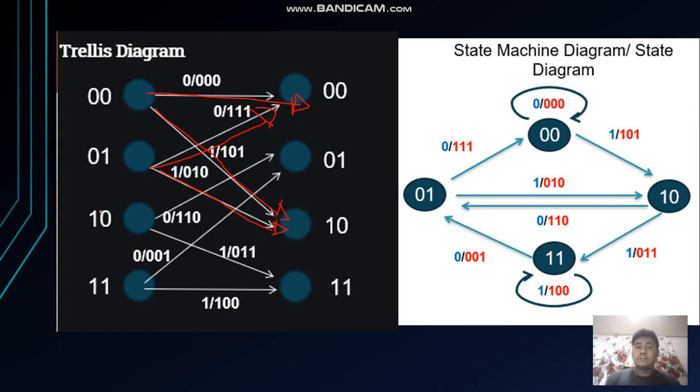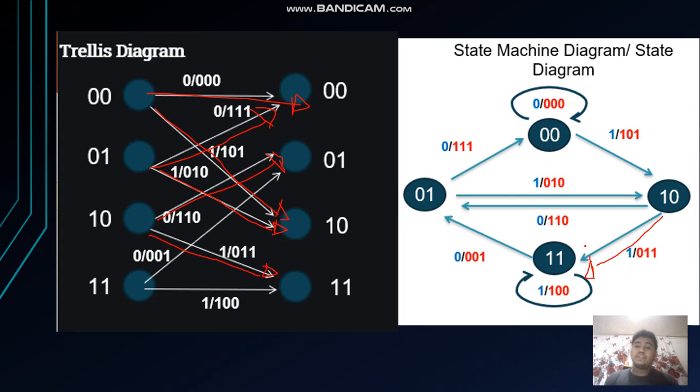So in current state 1 0, if our input is 0, it will go to 0 1. And if our input is 1, in 1 0, it will go to 1 1 here.